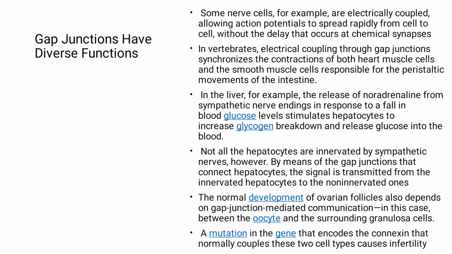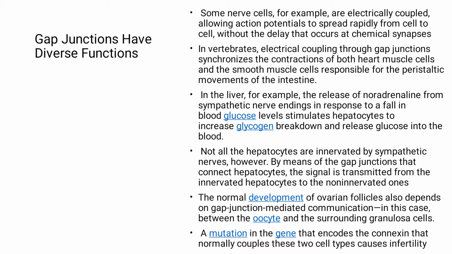Gap junctions also occur in many tissues that do not contain electrically excitable cells. In principle, the sharing of these small metabolites and ions provides a mechanism for coordinating the activities of individual cells in such tissues and for smoothing out random fluctuations in small molecules.